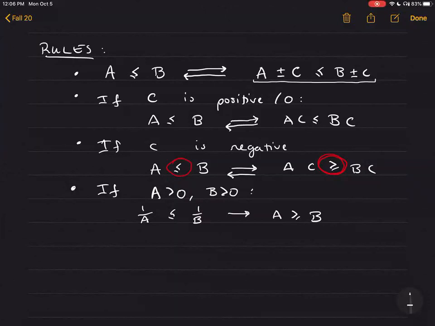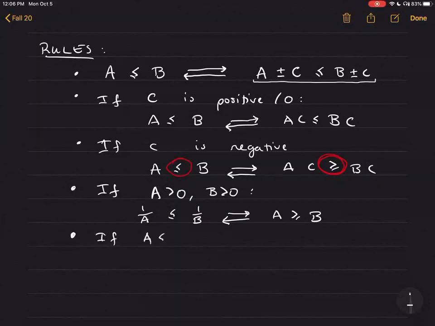And we can flip it over the reciprocal again, change the direction of the inequality again, and we could go back the other way as well, right? But this only works for positive numbers, so just bear that in mind.